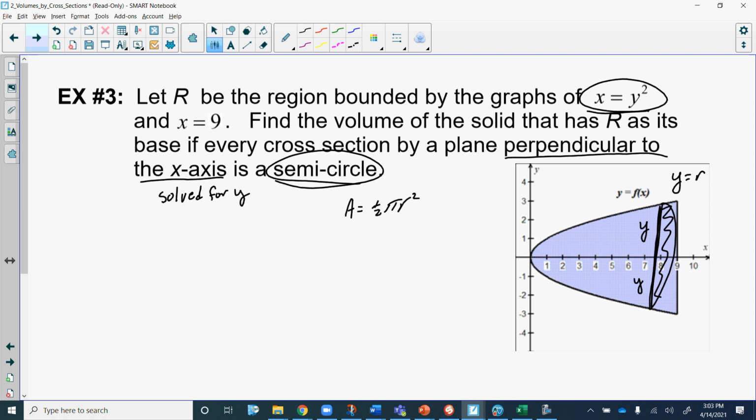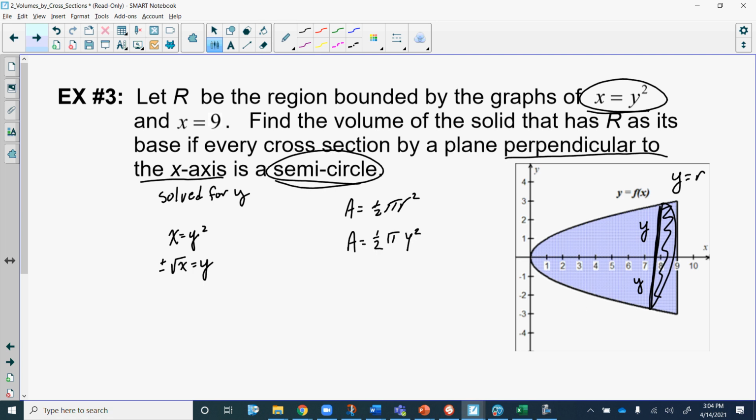The expression that we have for the sideways parabola here is x equals y squared. So that means we're going to get positive or negative square root of x equal to y. And that is how we're going to start getting our area. I'm going to take the area formula, and the radius we said was just the y value up and down, so one half times pi times y squared.